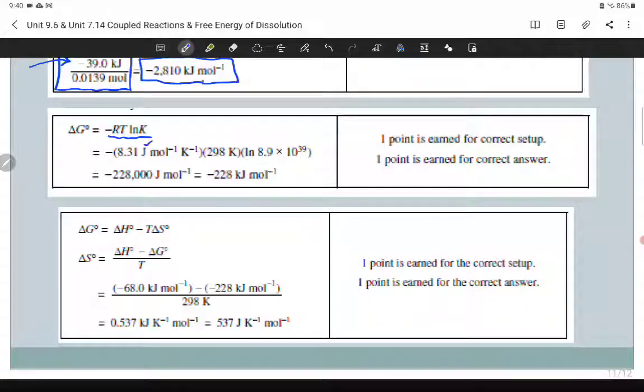That R value is in joules, and that's going to give you a gigantic number of joules. You can leave it like that, but typically people divide it by 1,000 to get it into kilojoules.